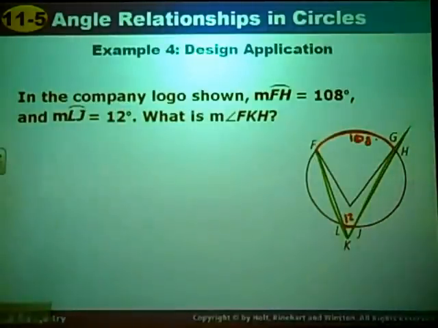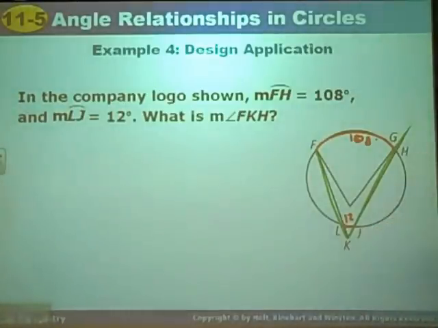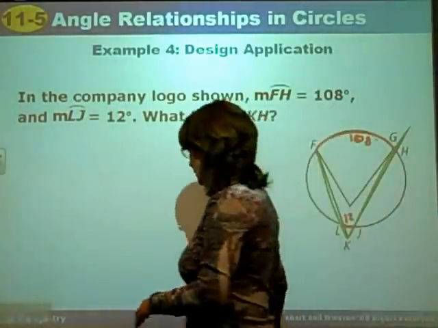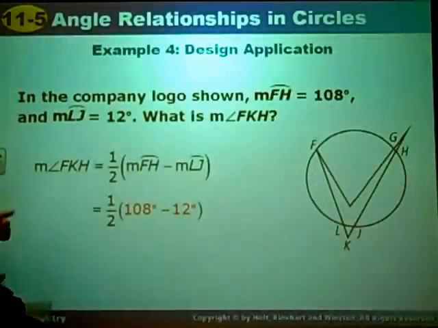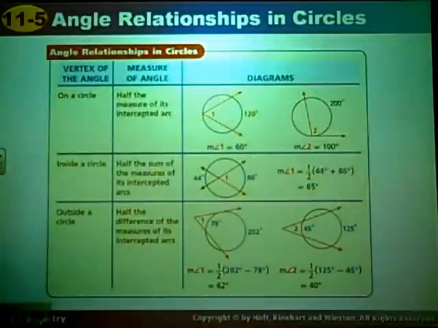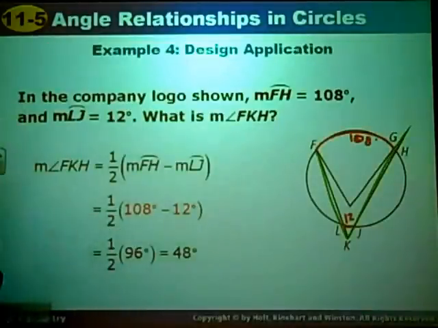I see the vertex is outside the circle. So no problem, outside, subtract and divide by 2. I'm going to say 108 minus 12 and divide that by 2, and there's your angle measure, 48 degrees, no biggie.